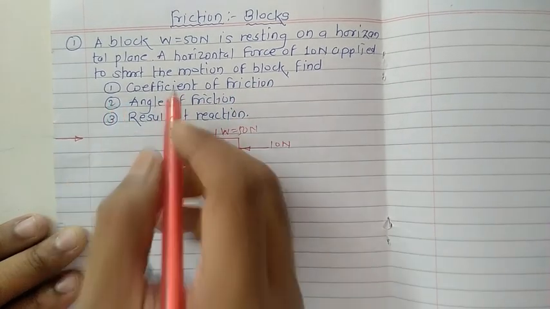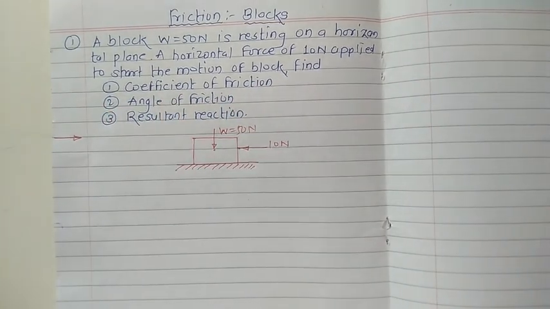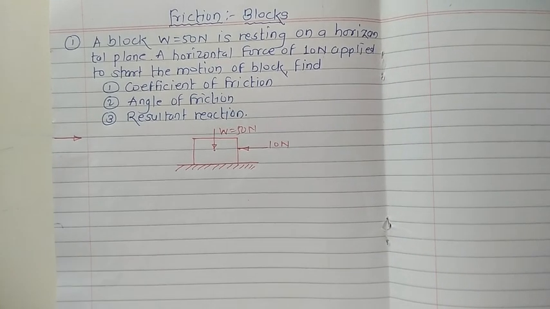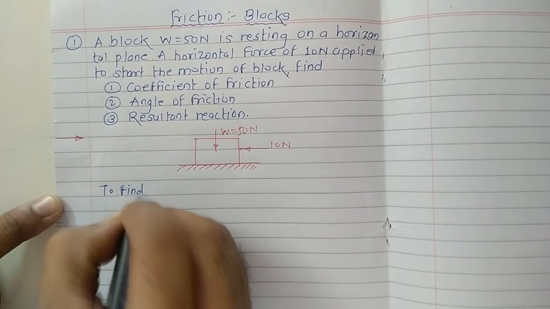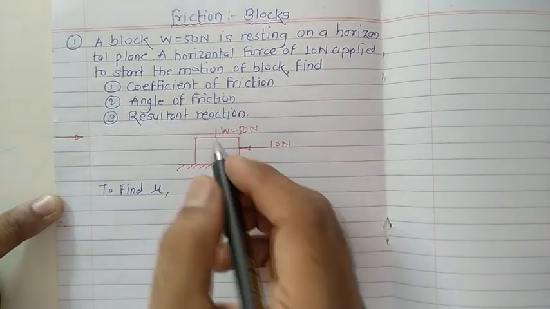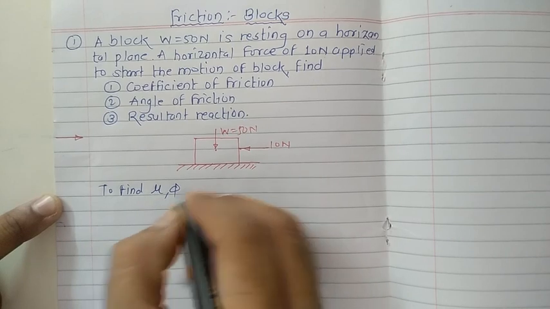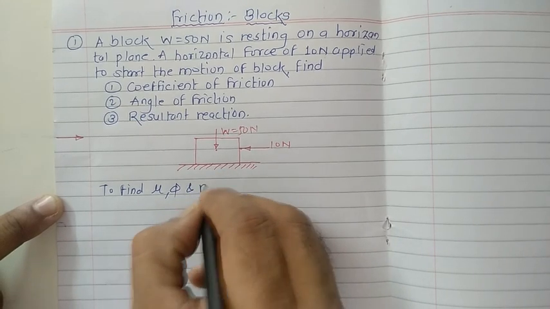Our aim is to find the coefficient of friction, that is mu, then the angle of friction, that is phi, and the resultant reaction, that is R.